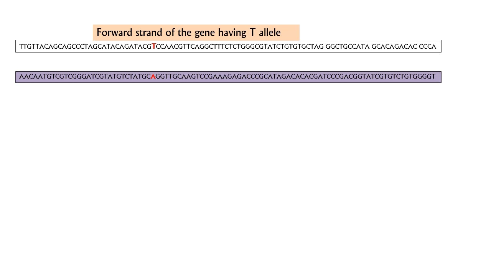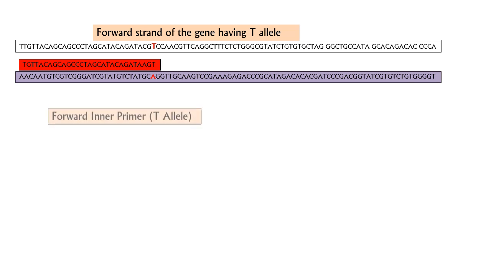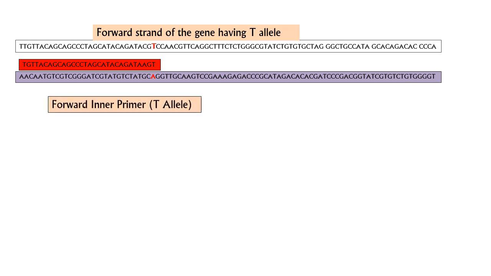It must contain an A, opposite to the T, complementary to the T. The primer comes and gets attached to the reverse strand. So the forward inner primer will get attached to the reverse strand, and it will be amplified.